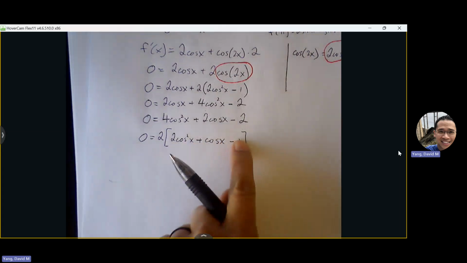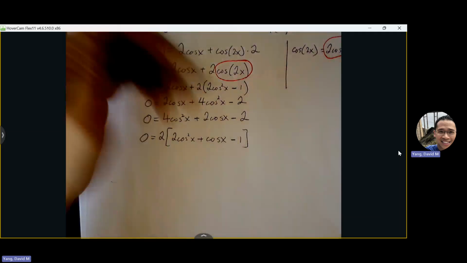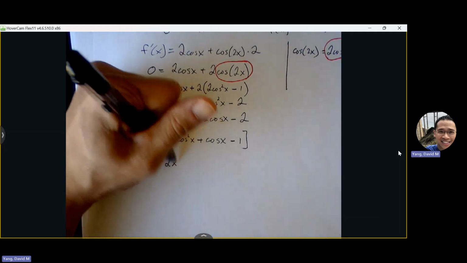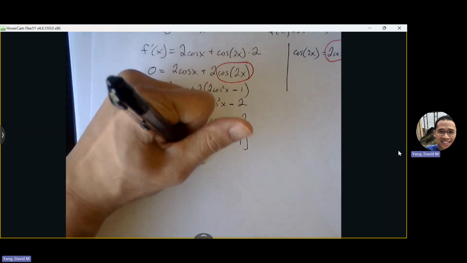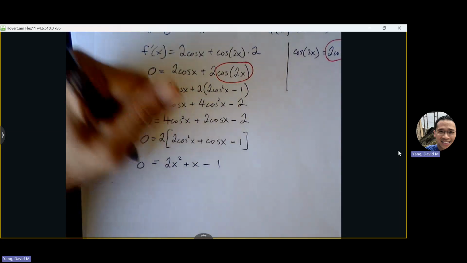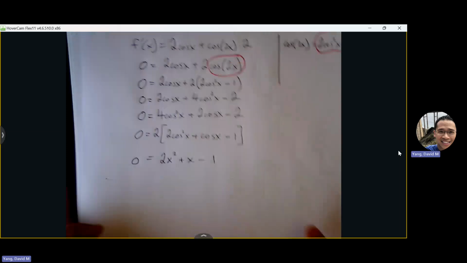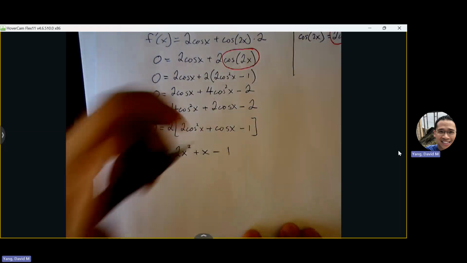If you prefer not to factor in terms of sine or cosine, then you can just do an easier version of this problem, which is 2x squared plus x minus 1. Let's factor this, and once we factor it, we can bring the cosine back into our factored form. It multiplies to be negative 2, adds up to be 1.